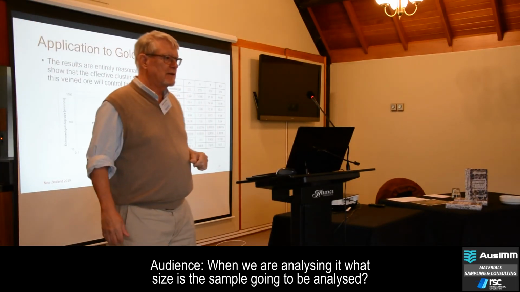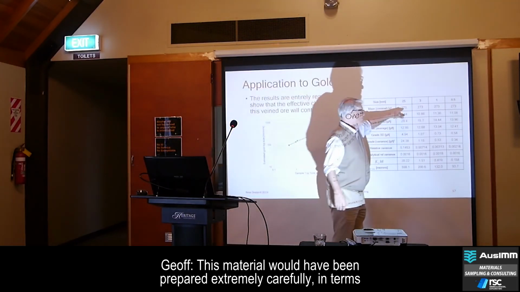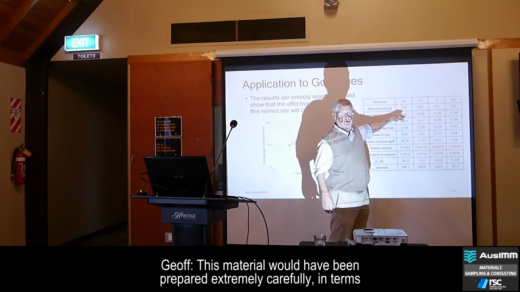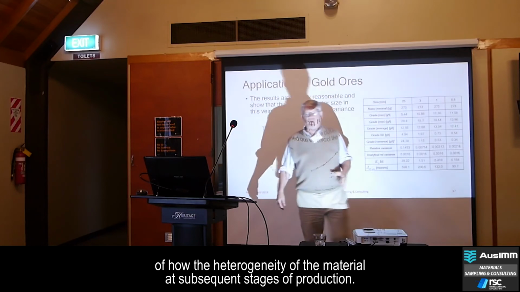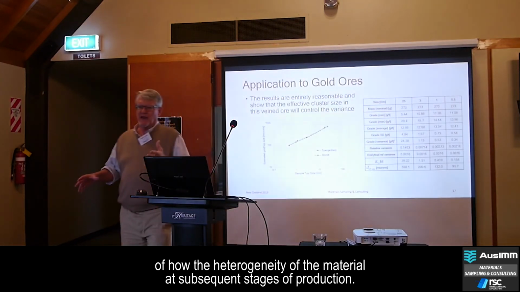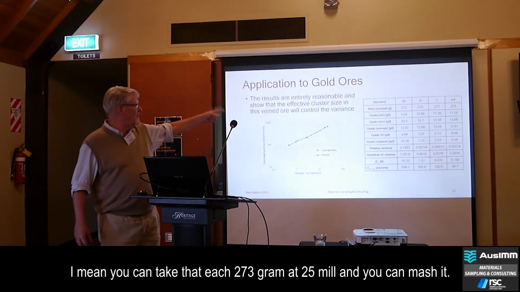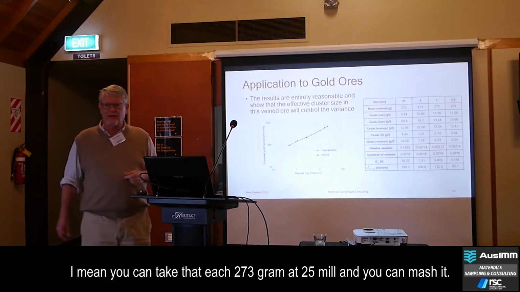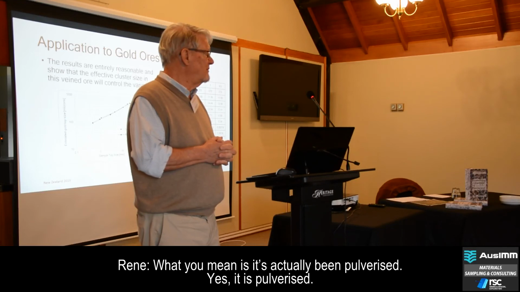The material you analyse would have been prepared extremely carefully in terms of the heterogeneity of the material at subsequent stages of production. I think what you mean is it's actually been pulverized.